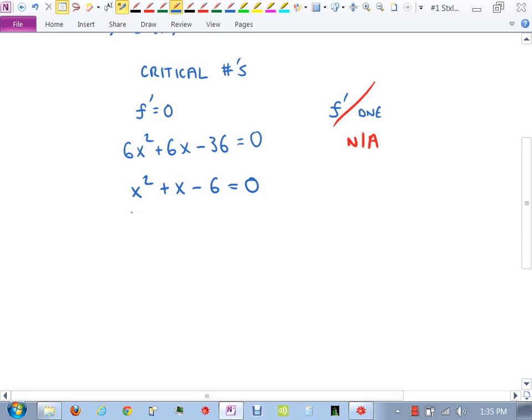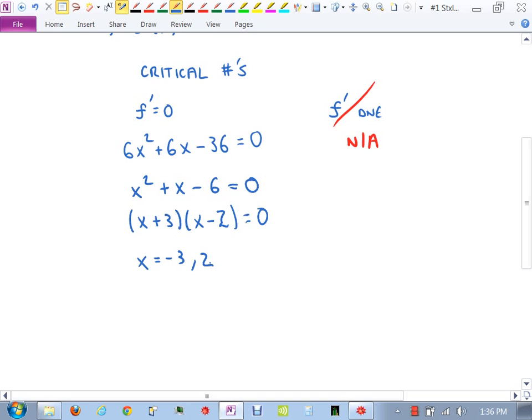And then factor: x plus 3, x minus 2. So your two answers are -3 and +2. And see, this time we don't have an interval, right? So we don't have to check whether those numbers live in that interval. We're going to have to look at both of them.